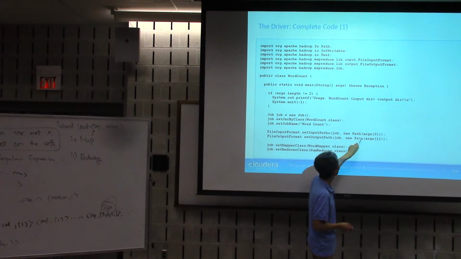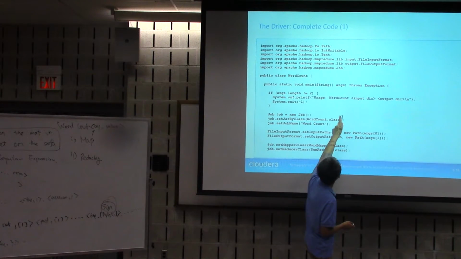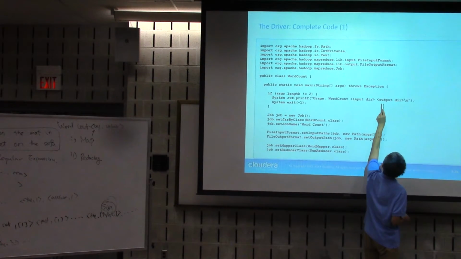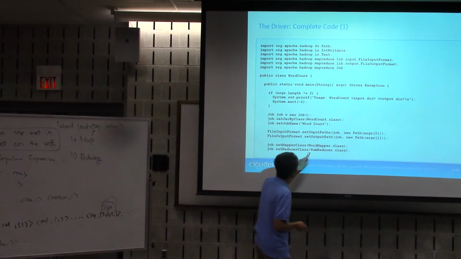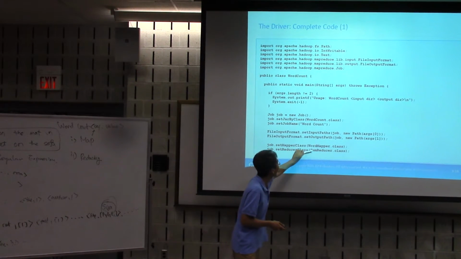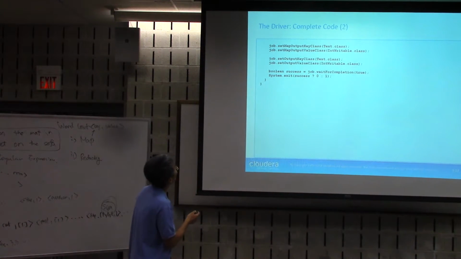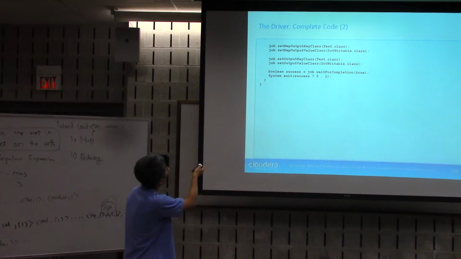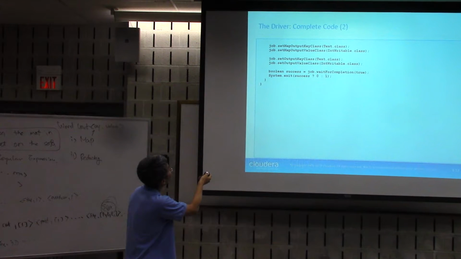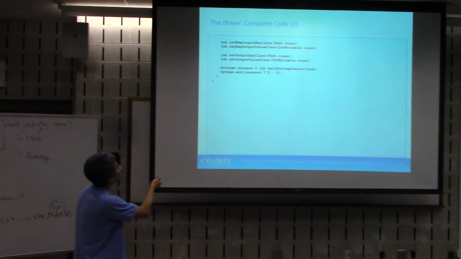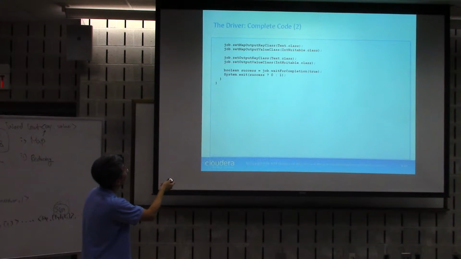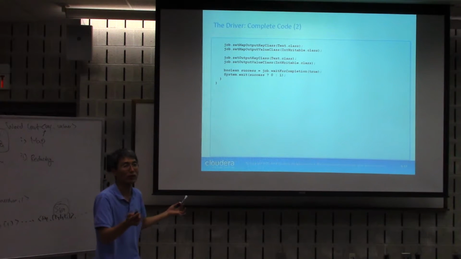You can specify the path, argument 1, argument 0, and so on for input and output. This is the mapper class and reducer class. Then this is the intermediate format, and this is the final output format. We will see details later. Then waitForCompletion, true, is a boolean, and then it's done.